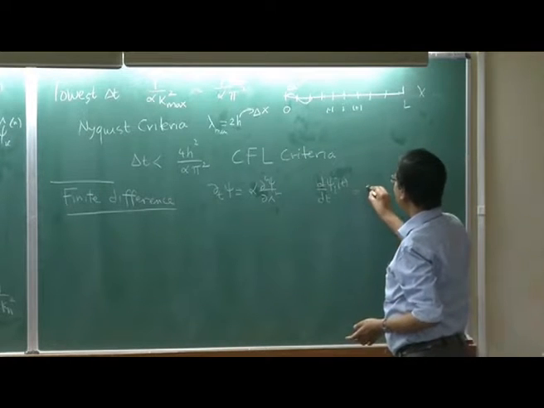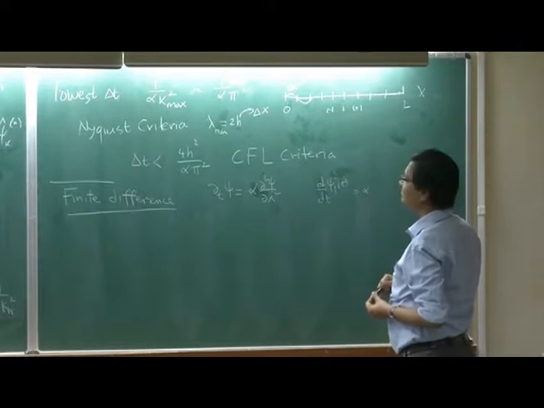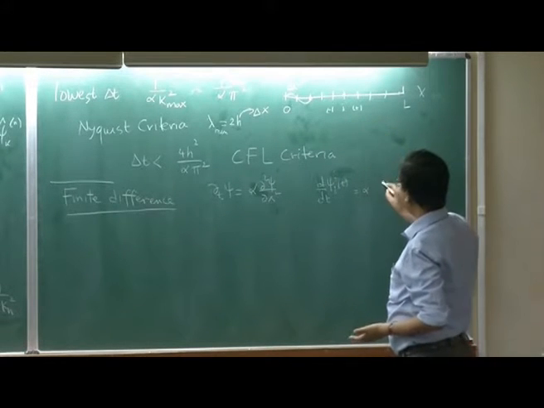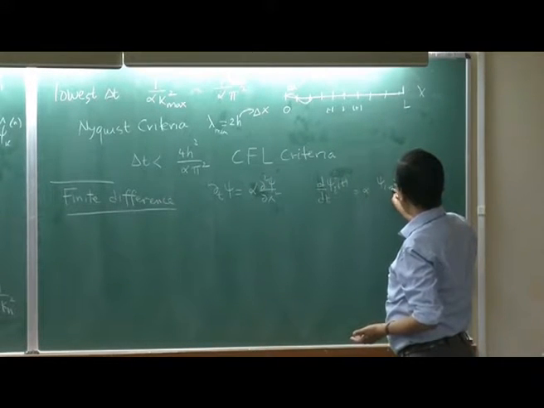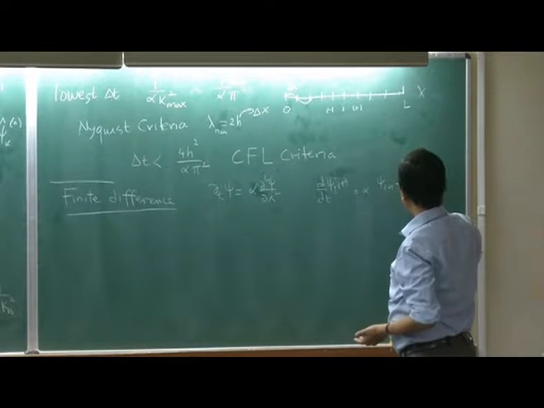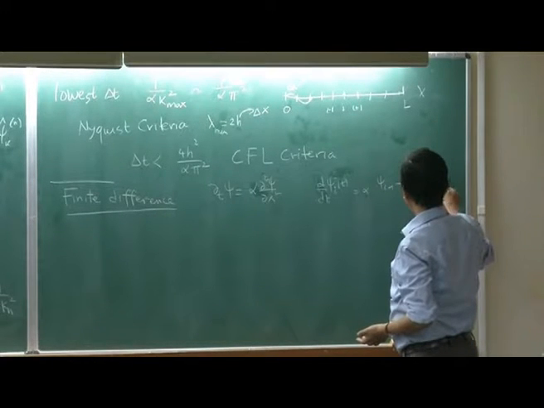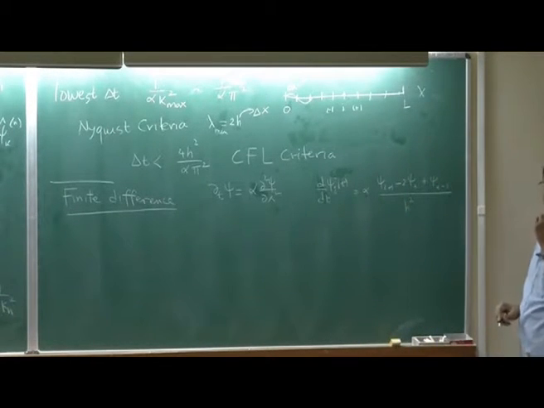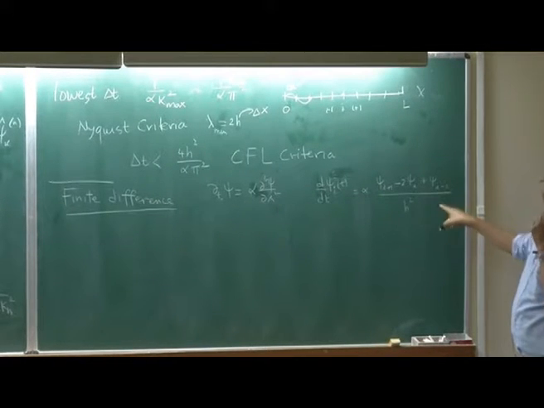So it will be alpha times the double derivative. What is the double derivative by finite difference? Psi i plus 1 minus 2 psi i plus psi i minus 1, divided by h squared. So this is my double derivative.